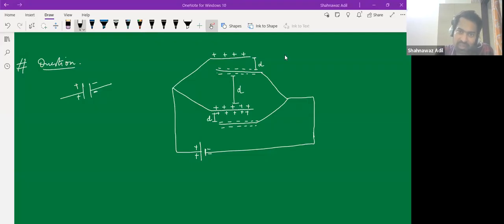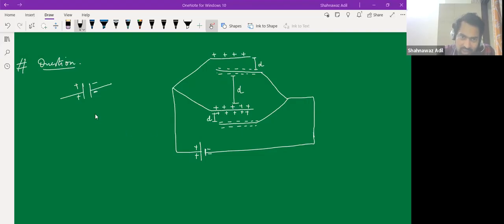Yeah, so we have this question. We have these two rods, right? They are connected to the positive terminal, and these two rods are connected to the negative terminal, right? So this has an area. D is the distance. This is not looking like the same distance because I have messed up the figure, but this should be the same.